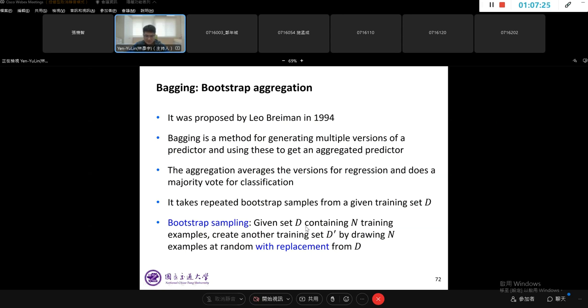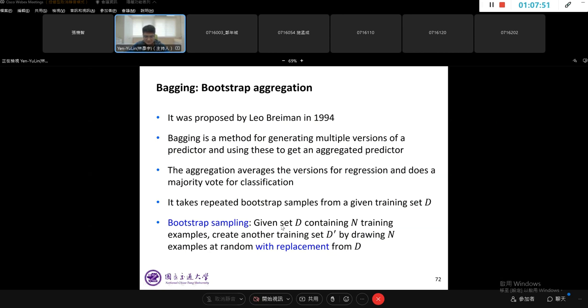Given the training set D containing n training data points, we can create another data set D prime by drawing an example at random with replacement from D. So I'm going to use an example to illustrate the meaning of this sentence.